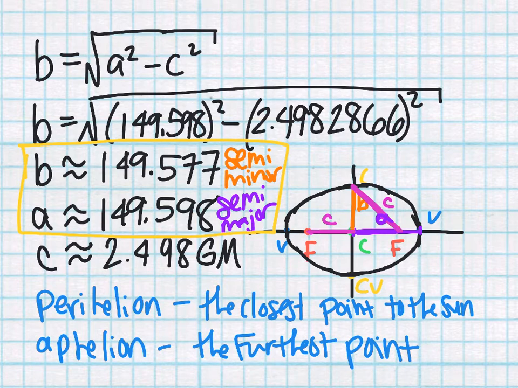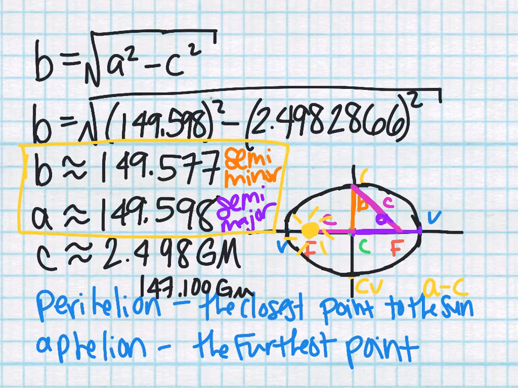So I can calculate the perihelion and aphelion distance of the Earth from the sun. So let's say that we put the sun right here at this focus. Here's the sun. So we can see that the distance to the closest point in the orbit is going to be A minus C. If I do A minus C, I get that the perihelion distance is 147.100 gigameters.